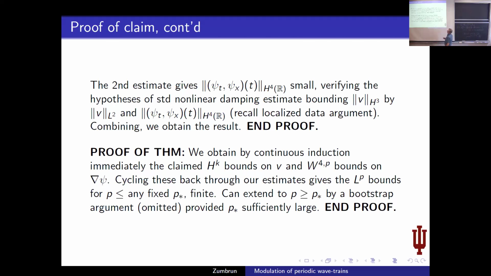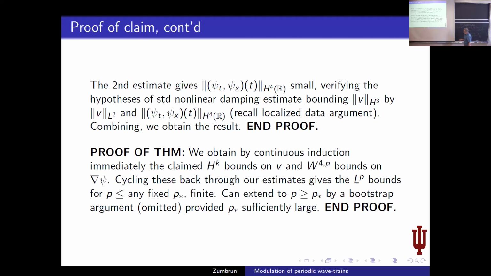For any finite P star, because I wrote a big constant depending on P, it actually blows up as P goes to infinity. So you have to treat that case by a different bootstrap argument.